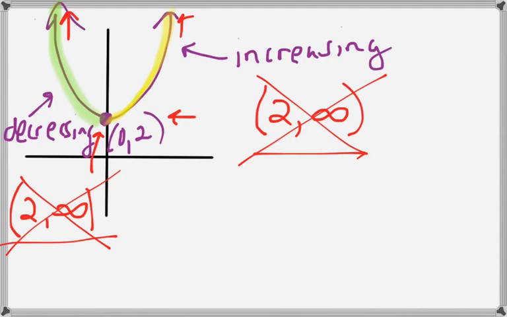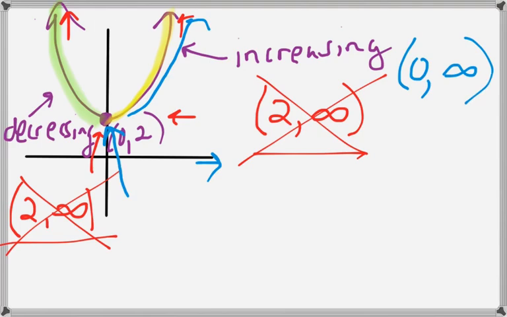So if we wanted to describe the part that's increasing using an interval of x values, the smallest x value would be at the left end of that piece. So that piece starts right here at an x value of 0. And then from there, it goes forever to the right if we're following our x values. So we would put infinity at the right end.